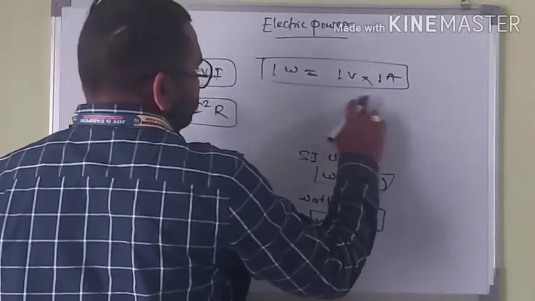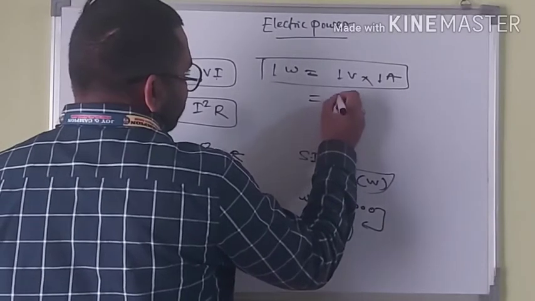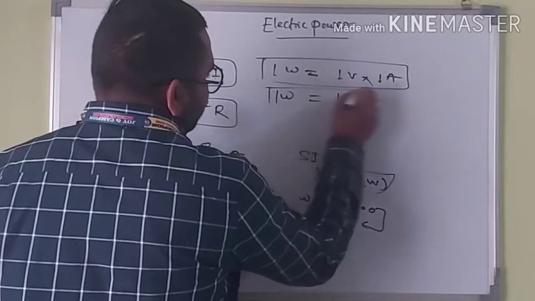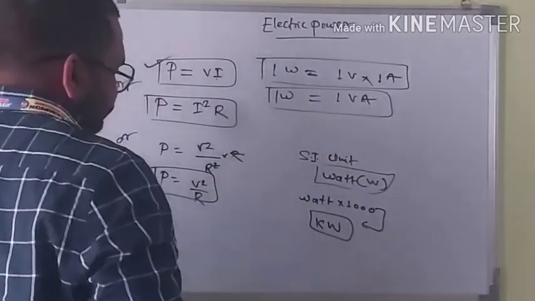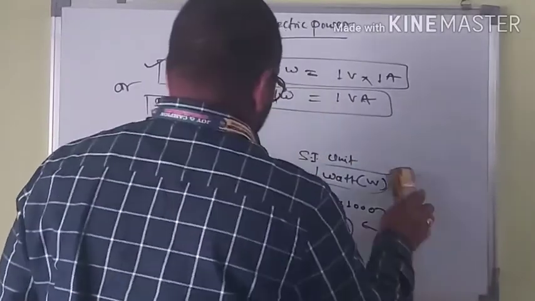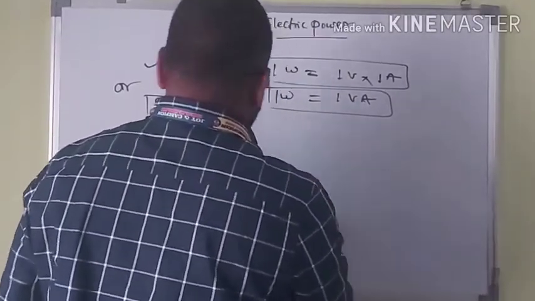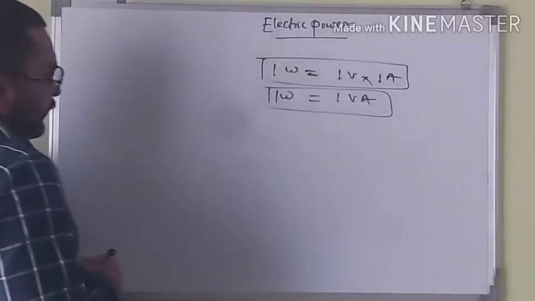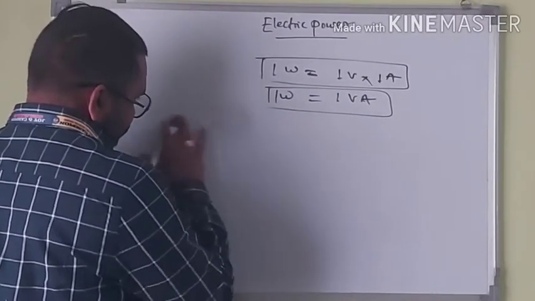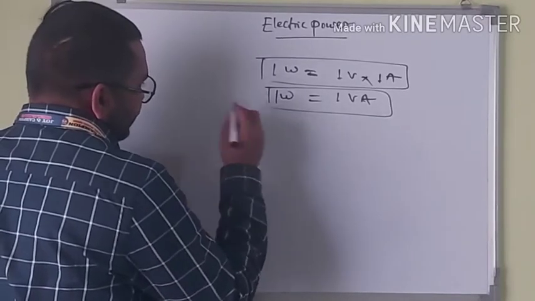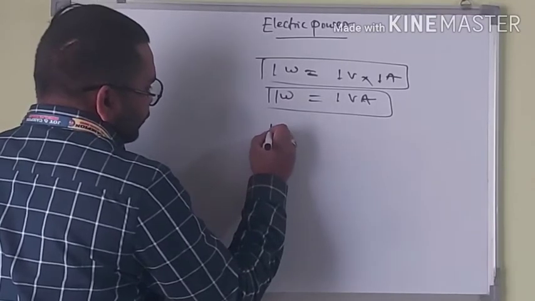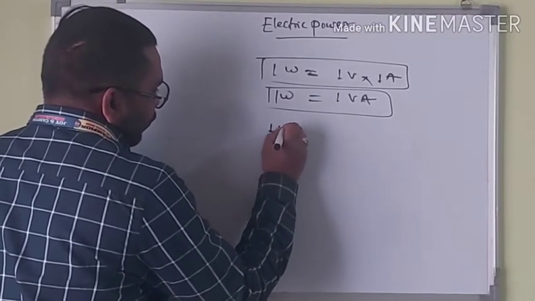Okay, it can also be written as 1 volt ampere. 1 watt is equal to that. Okay, since electrical energy is the multiplication of power and time, it is denoted with the time, so it can be used as 1 watt hour.